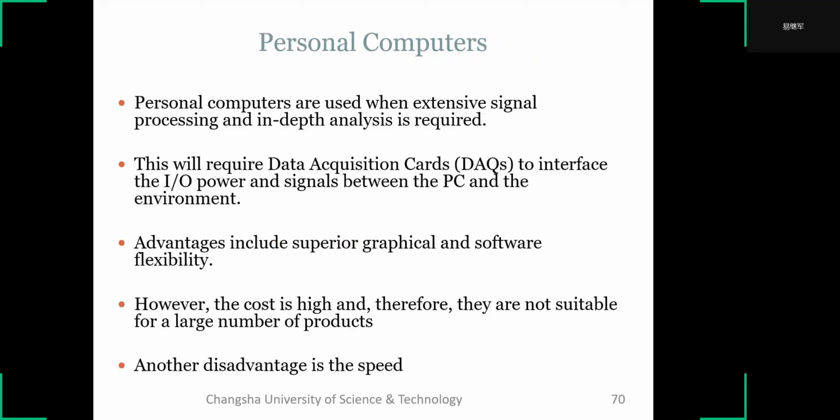Next, we introduce the personal computer. Everyone needs to know how to use the personal computer. Personal computers are used when extensive signal processing and in-depth analysis is required.